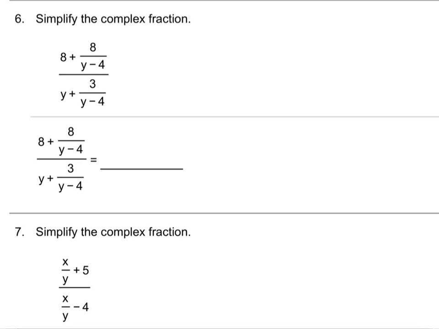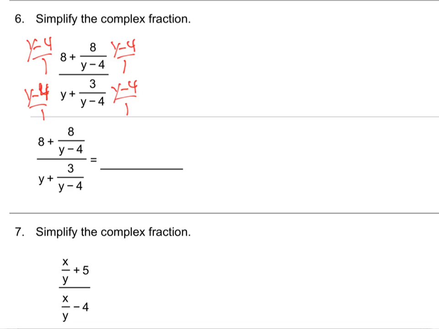Okay. So take aim at the denominators. Put them in your sights. There they are. All right, we good? So we take aim at the denominators and then we just take them out by multiplying y minus 4 over 1, y minus 4 over 1, y minus 4 over 1, and y minus 4 over 1.